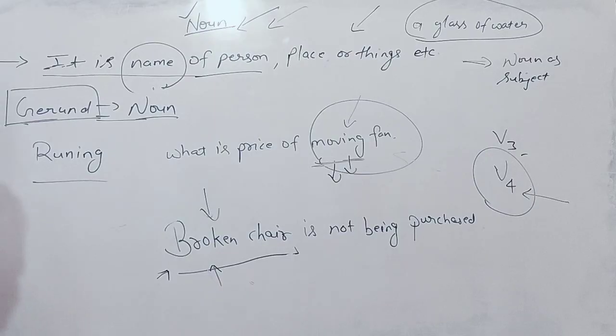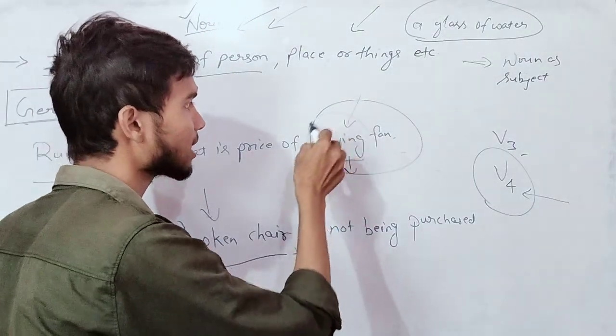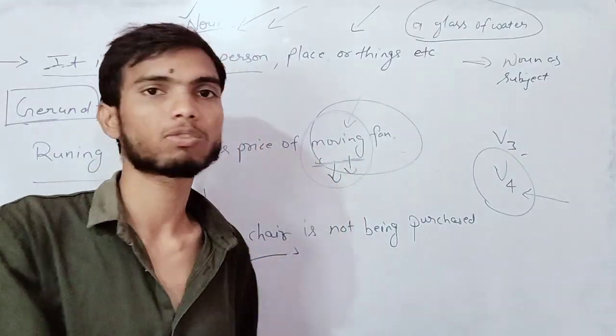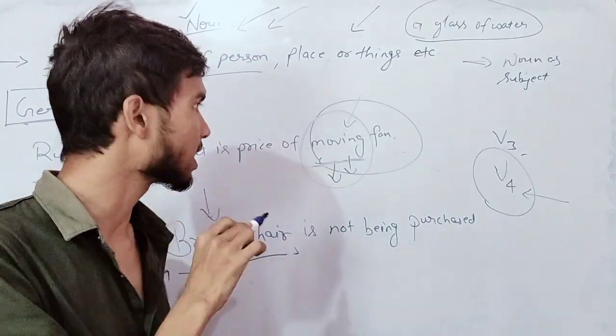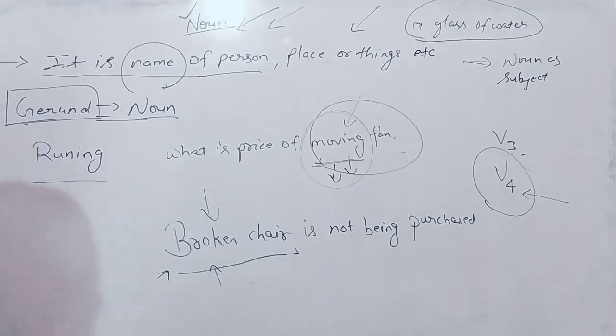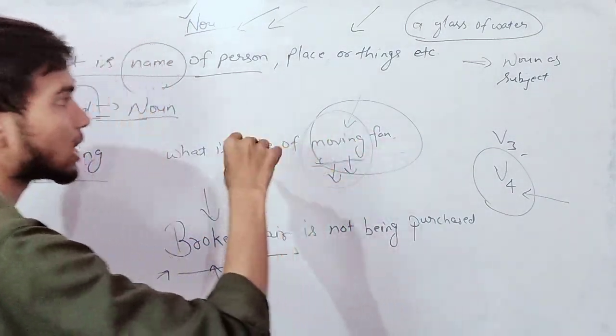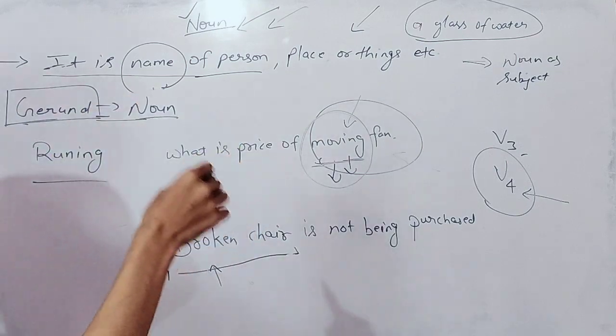Clear? That's why. And this is not single. Here it came before the noun. That's why we are considering it as an adjective. It is not single, that's why we are not considering it as a gerund noun.